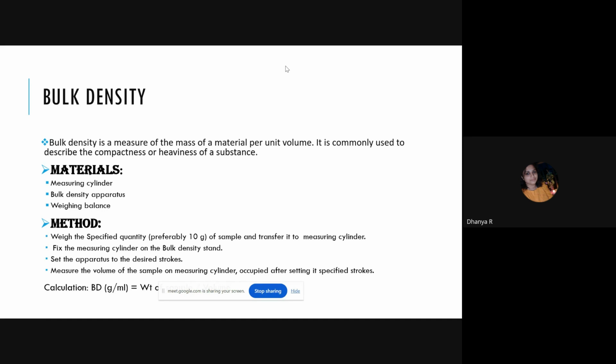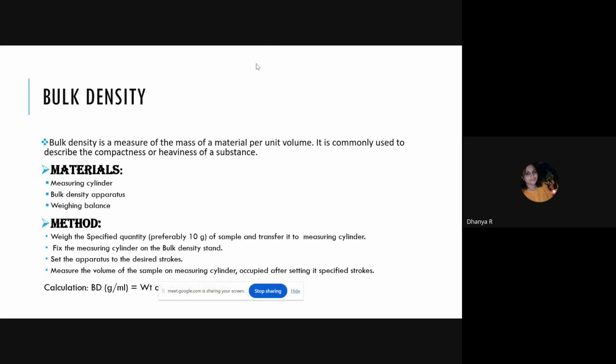The method for doing this is to weigh a specified quantity of drug, 10 gram. You can take any number, but the number should be constant for all the samples that you are comparing, and transfer it to the measuring cylinder. Fix the measuring cylinder on the bulk density stand. Set the apparatus to the desired strokes.